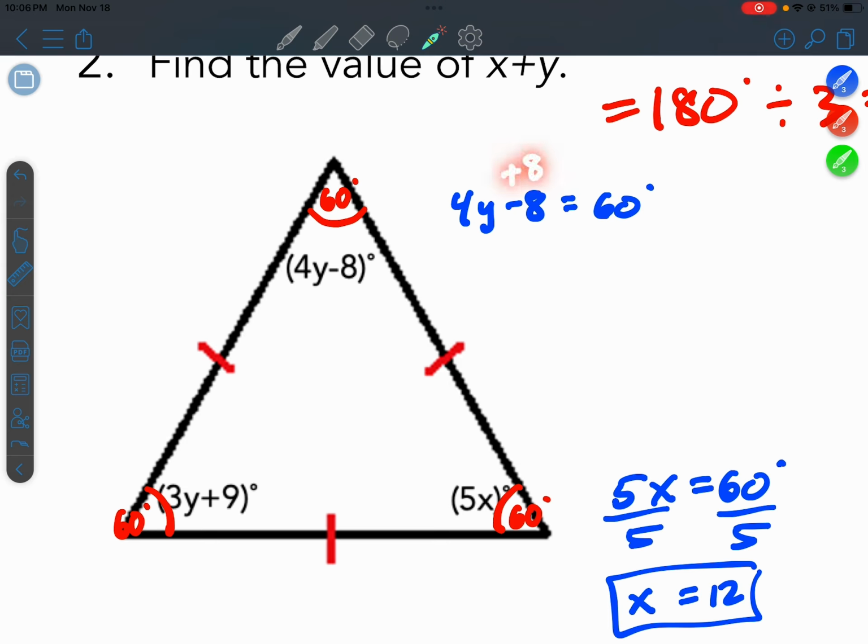Imagine we add 8 to both sides. So now 4y equals 68, and then imagine dividing both sides by 4, and you're going to end up with y equals 68 divided by 4, which is 17.